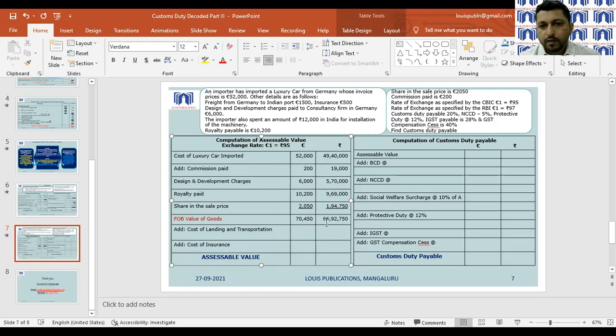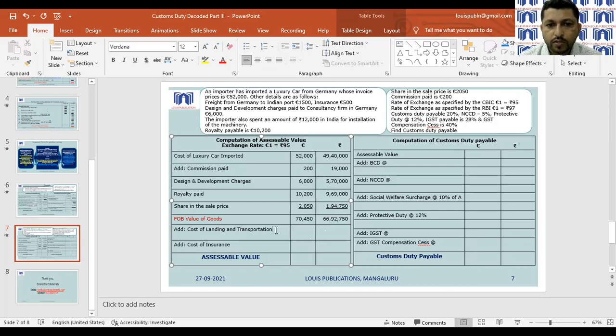We will just total it once again: 49,40,000 plus 19,000 plus 5,70,000 plus 9,69,000 plus 1,94,750. 66,92,750 will be the value.